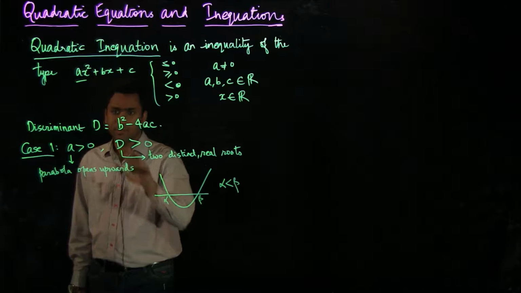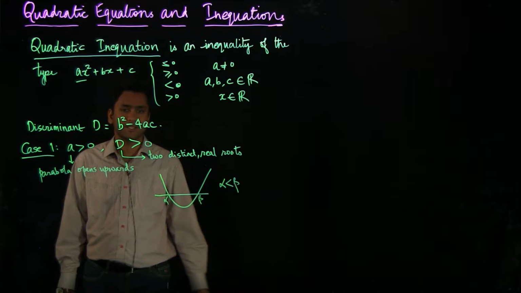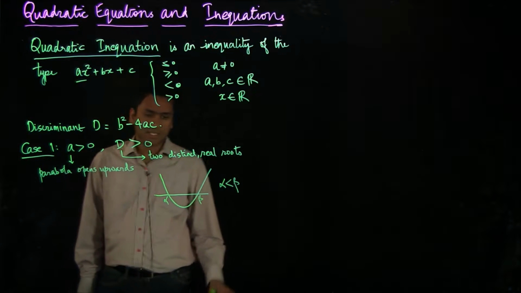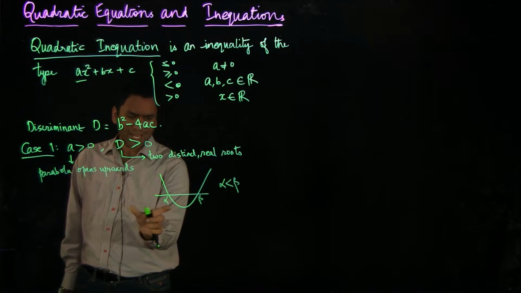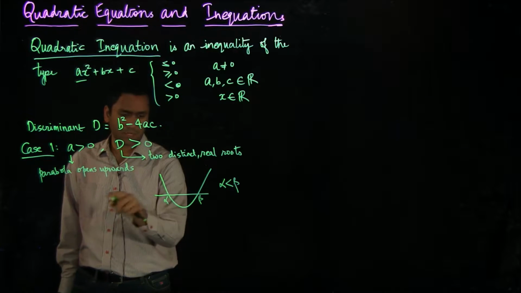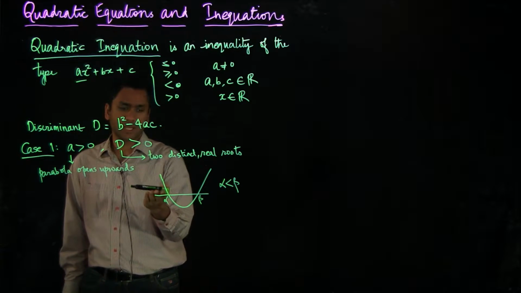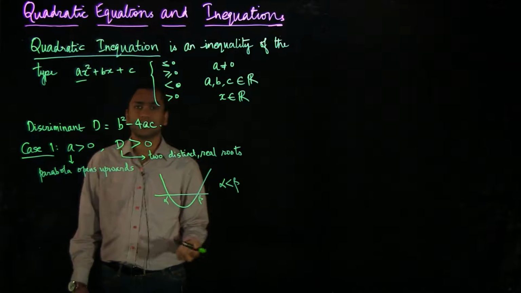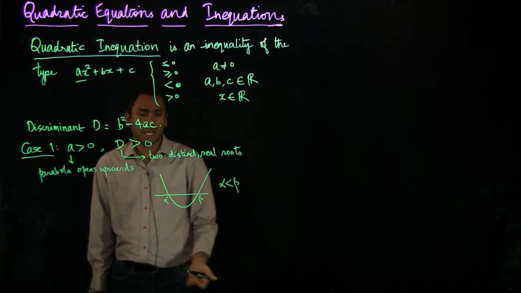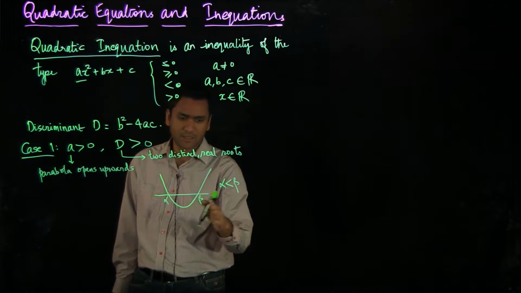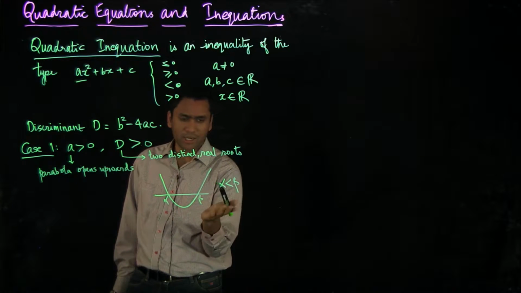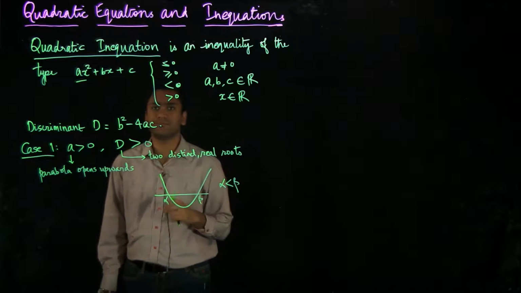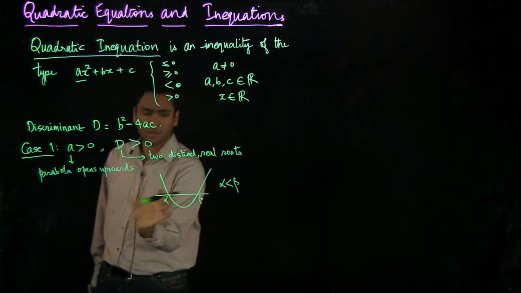So then if a is greater than 0 and d is greater than 0, we see that there can be different cases. When x is less than alpha, so this part of the number line, the value of the function ax squared plus bx plus c, which is plotted here, is always above the x-axis, meaning that it is positive. And if x is greater than beta, so this part of the number line, again the function is positive. So the function can be positive if we are here or here.